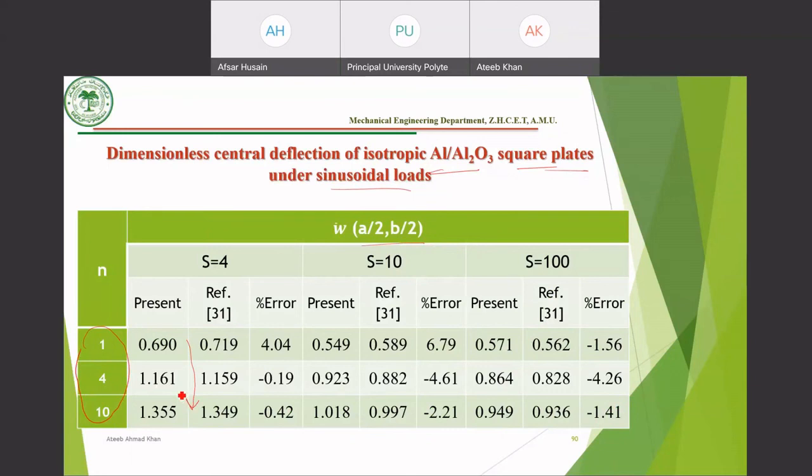And the reason for that, as I have already explained to you, for n greater than 1, the plate is turning out to be metal rich, and as you know that ceramic is more stiffer, and stiffness is basically the resistance to deformation. So as you keep on increasing n, the plate is becoming more metal rich and it is becoming less stiffer.